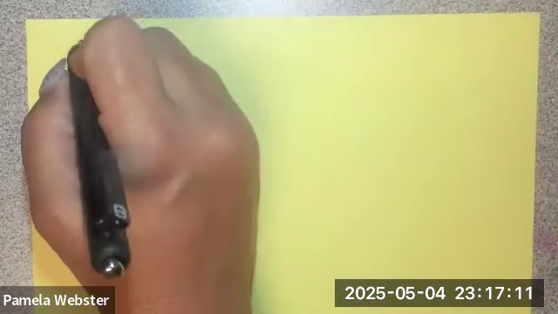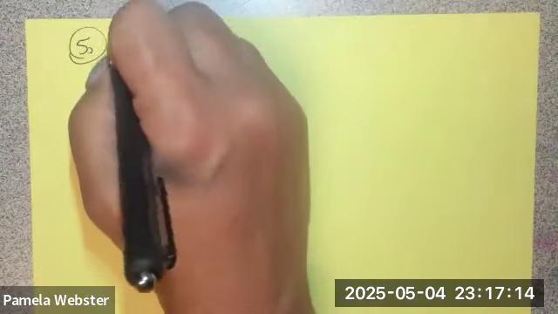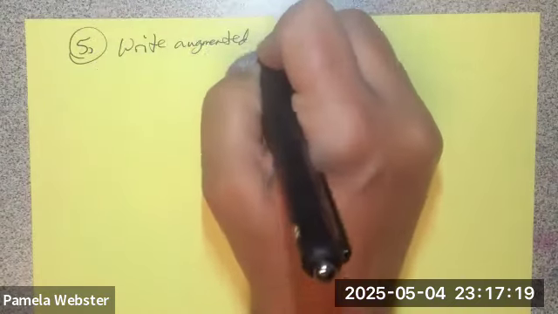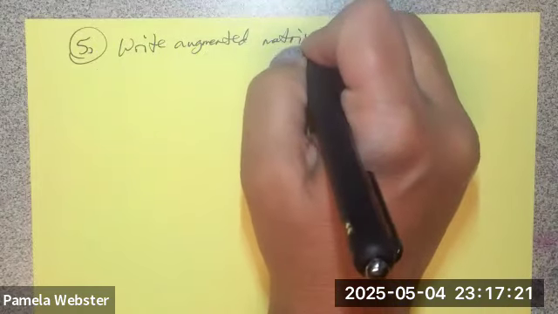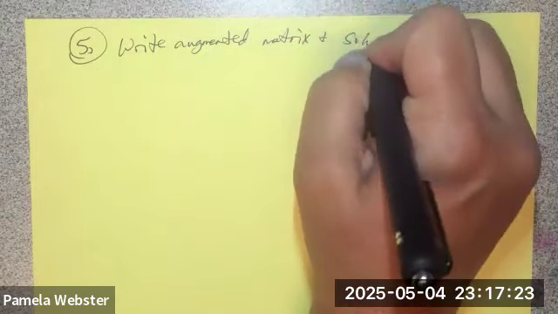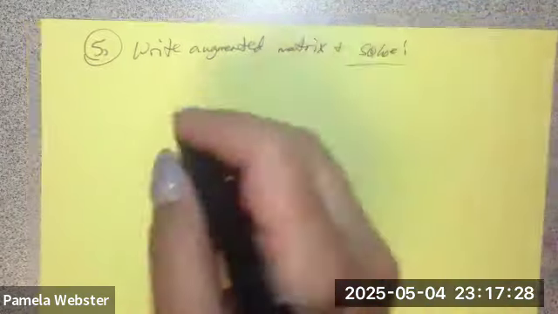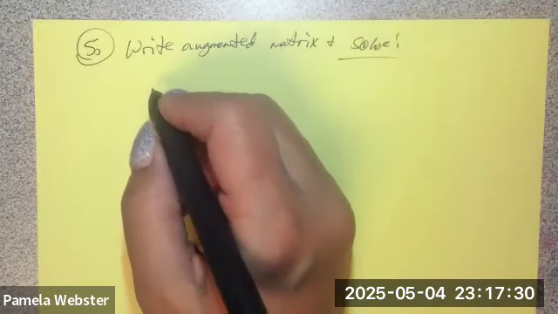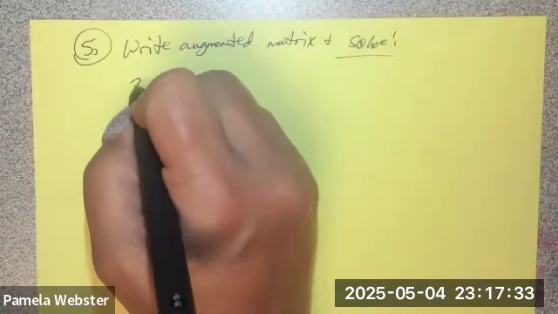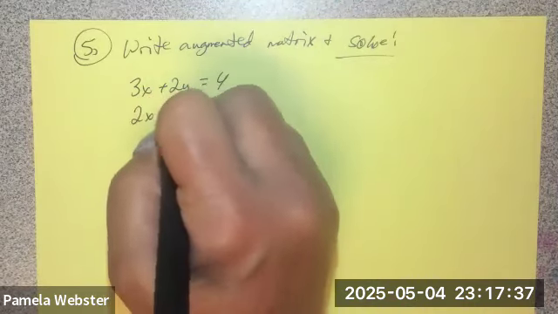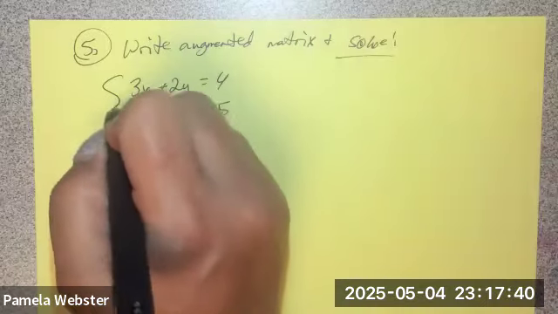Okay. Let's move on to matrices. So on the test I'm looking at, this is number 5. It says, write an augmented matrix and solve using appropriate row operations. When I say that, row operations means matrices, right? So it doesn't mean write it as an augmented matrix and then go back and solve it the way we just solved those other ones.